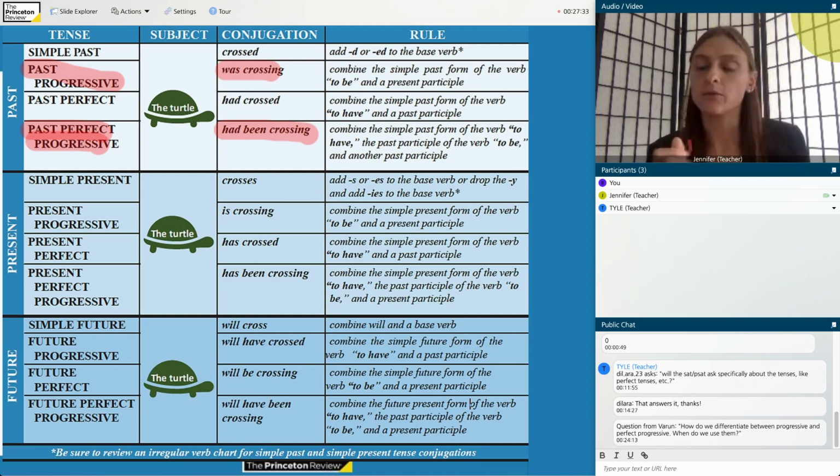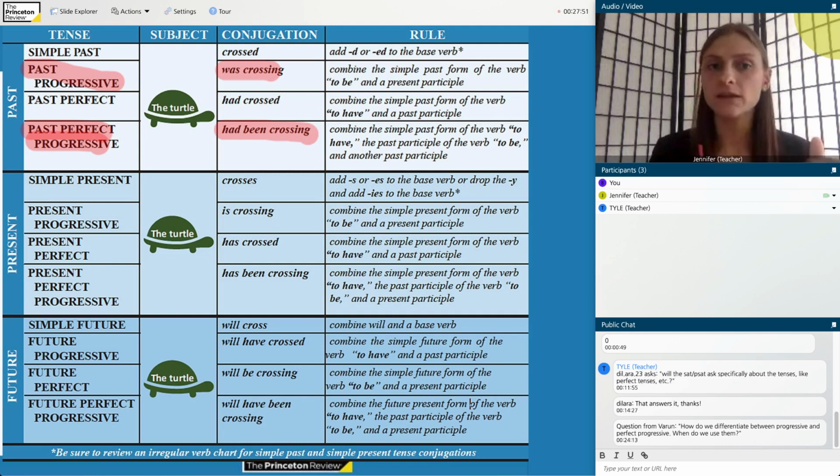So it's something that I was doing for a continuous amount of time. Does that make sense? Give you a few seconds there to let us know if that clarifies things. It's good to look at them all in context alongside each other to kind of see how the little differences make a huge difference in the meaning of a sentence based on the tense that you use.